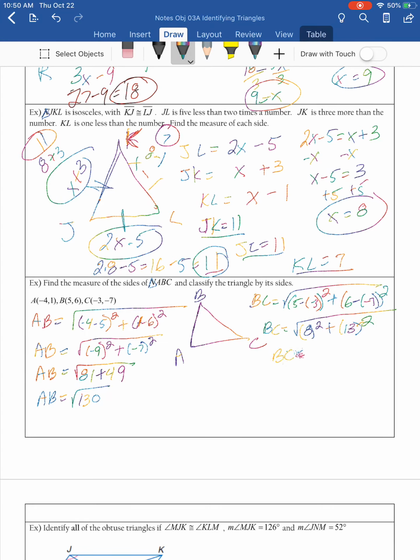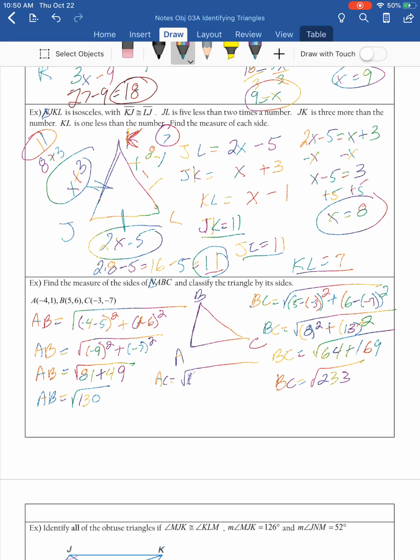Distance from B to C is equal to 64 plus 169. And so the distance from B to C is radical 233. So far, none of the sides are the same. Okay, and then I just do the distance from A to C.